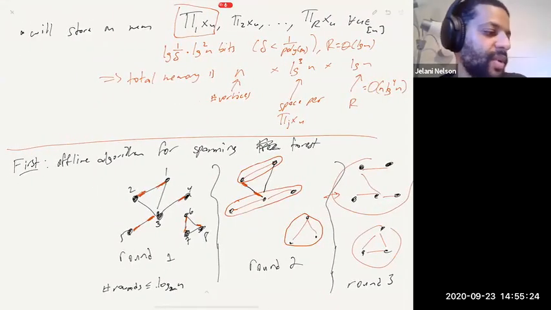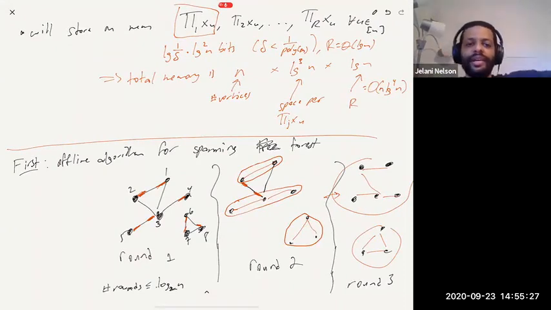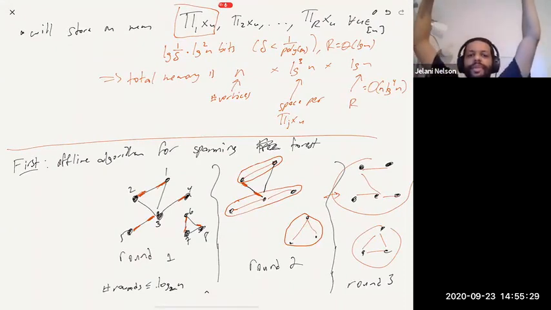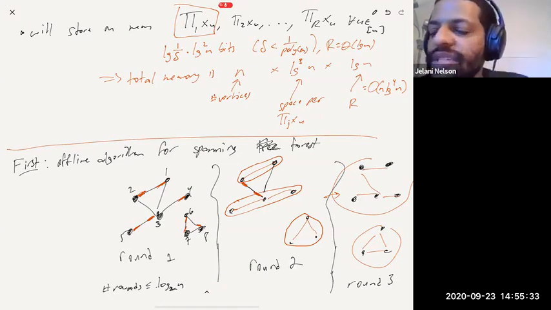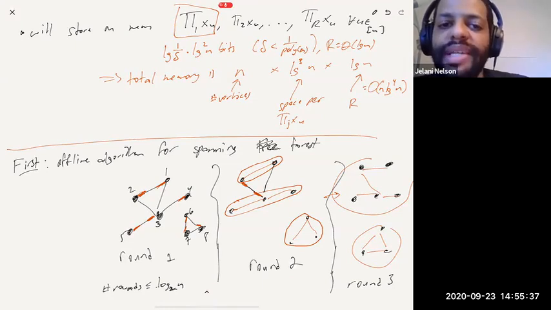So that's basically what I'll do, right? If in round one the edge 3, 5 is chosen to merge, I'm not storing x3 and x5, I'm storing pi times those. I'll add pi 2 x3 and pi 2 x5, okay?